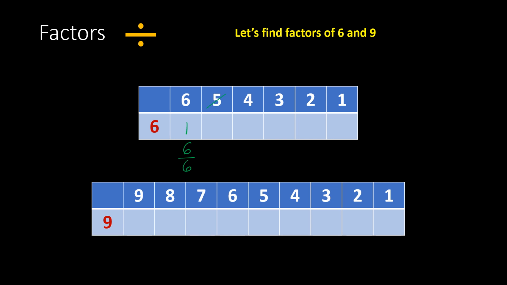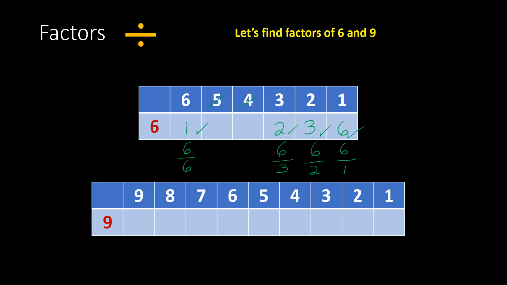You cannot do 4, but you can do 3, which will give you 2. And you can also divide by 2, which you get 3. And of course, 6 divided by 1, you get 6. So the factors of 6 are 1, 2, 3, and 6.